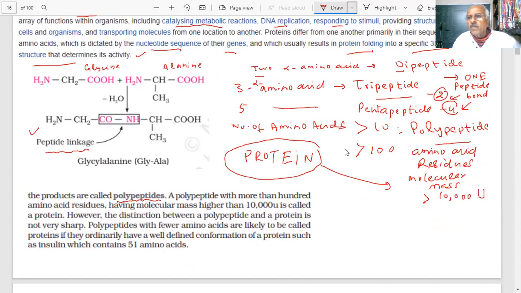But a polypeptide chain has to be formed to form a protein. The distinction between polypeptide and protein is not very sharp, but we are saying more than 100. Fewer amino acids may also be considered proteins, it's not necessary.